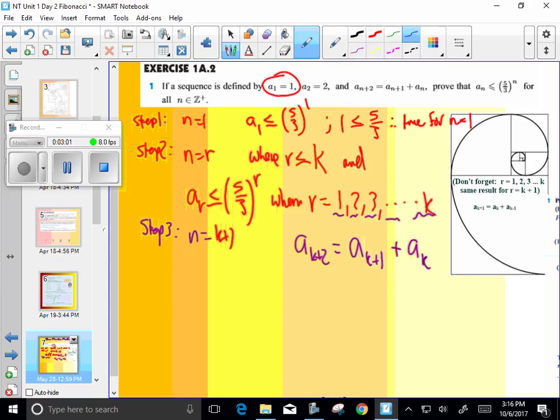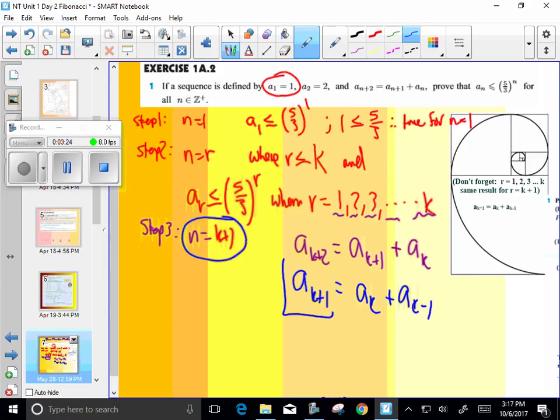Now we're going to try to get this so it looks like approaching k plus 1. So we want this a to be k plus 1 and not k plus 2. So if I subtract a term, a(k+1) will just be a(k) plus a(k-1).